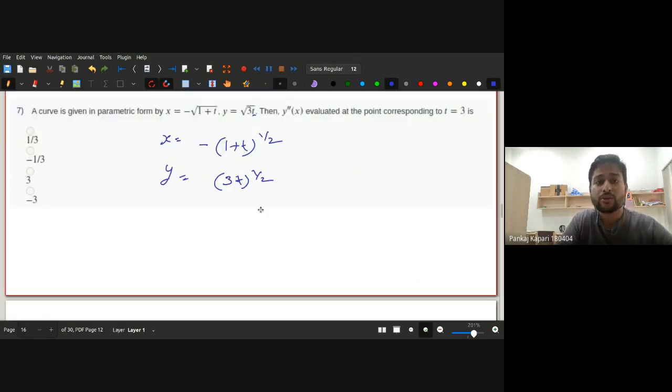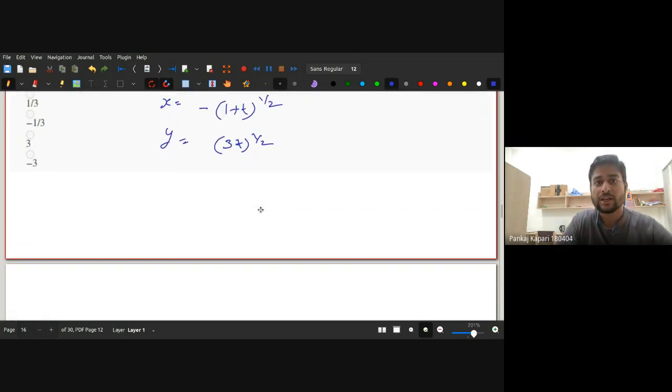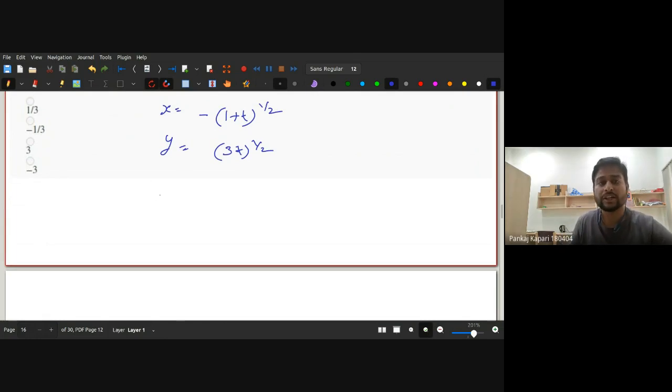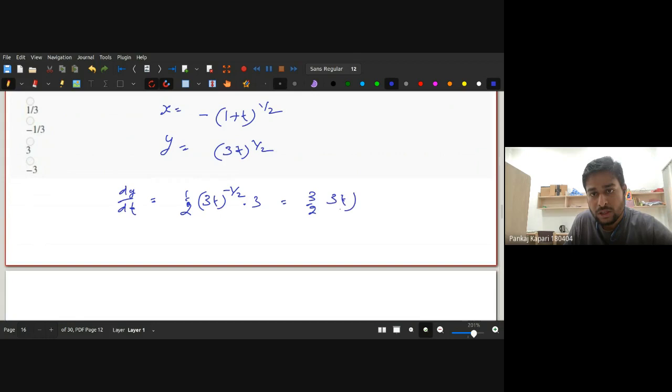Again we will use the rules of differentiation, that is the chain rule and the derivative of a power function. So dy over dt is just half of (3t) to the power minus half into 3, so this is 3 by 2 into (3t) to the power minus half.